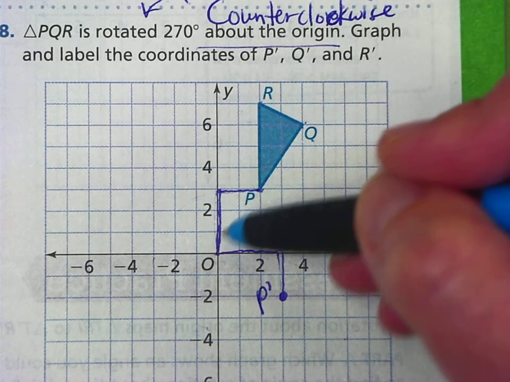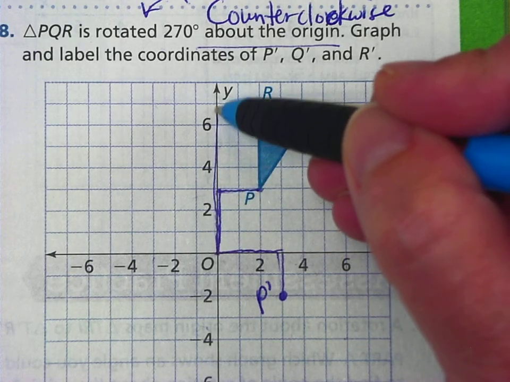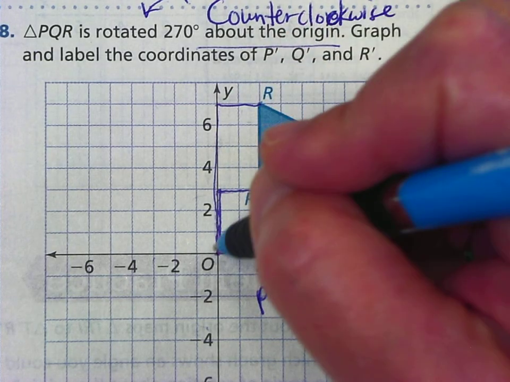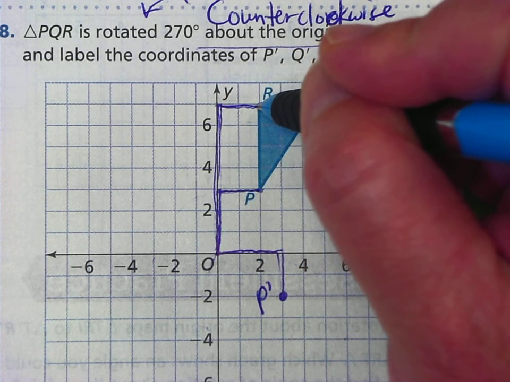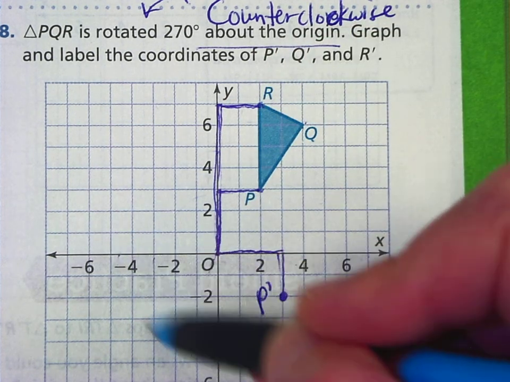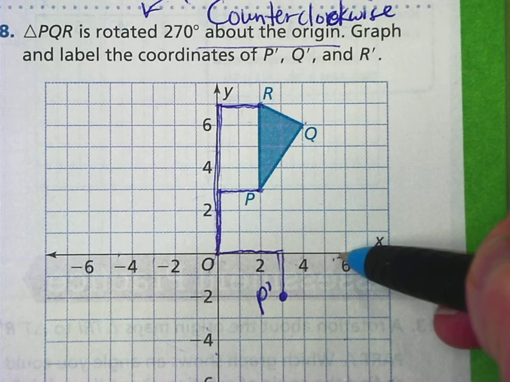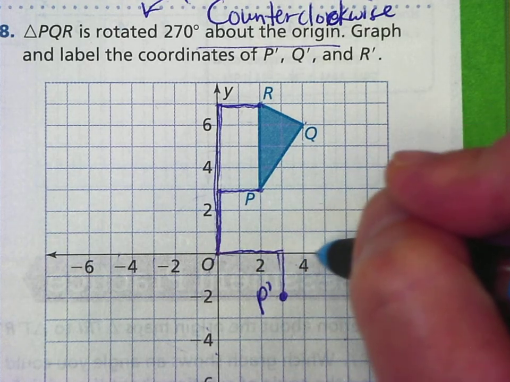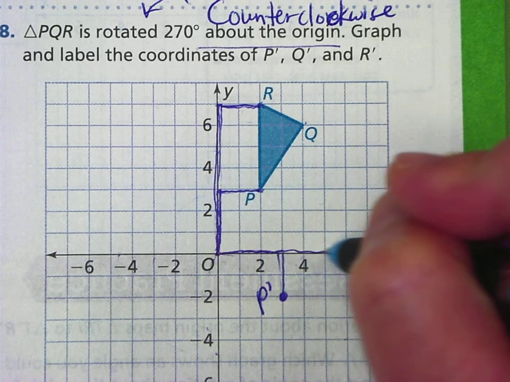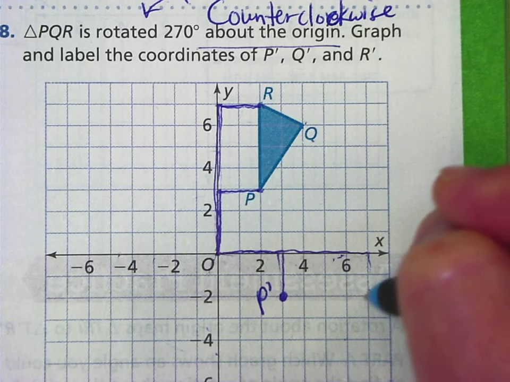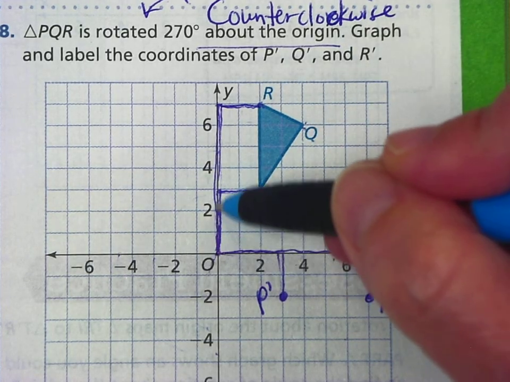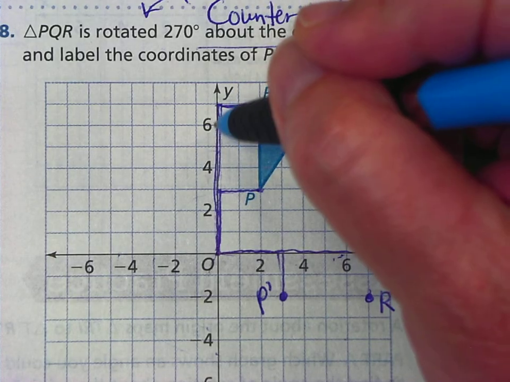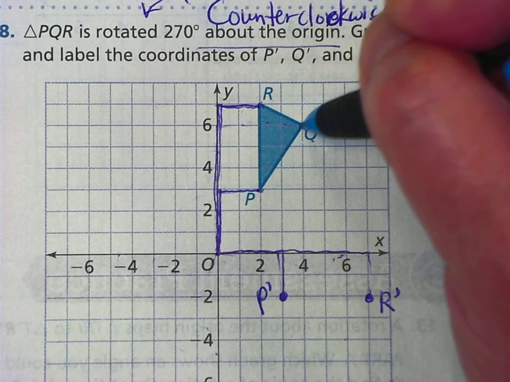Okay, let's do it for R. I go over 7, out 2 units, creating this L-shaped pattern. I'm going to make 1, 2, 3 turns, and recreate that here. Over 7, out 2 units. This would be R prime. And let's do Q. We're going to go over 6, out 1, 2, 3, 4 units.